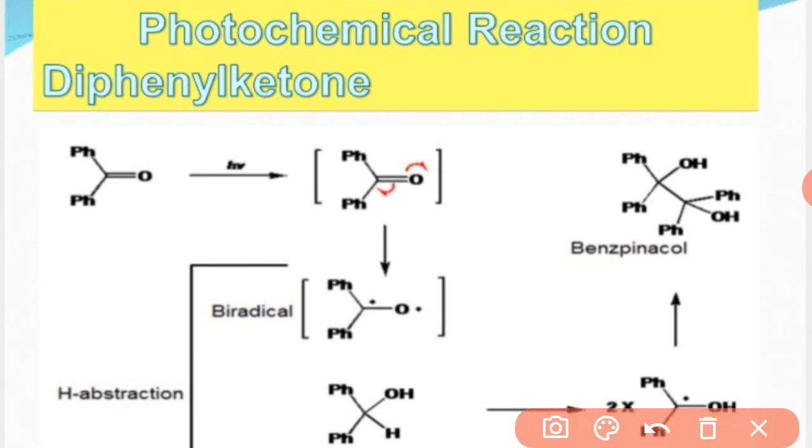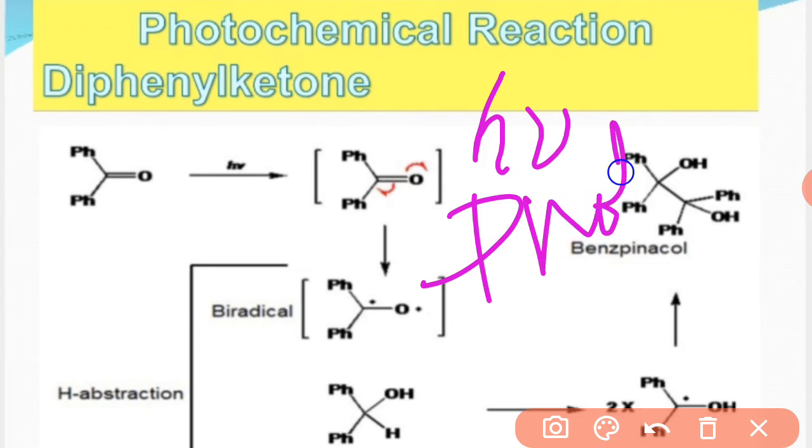First of all, you have to understand that photochemical reaction is the one in which light is used, and light is used in the form of energy packets or energy bundles that are called photons. Light usually exists in the form of photons.